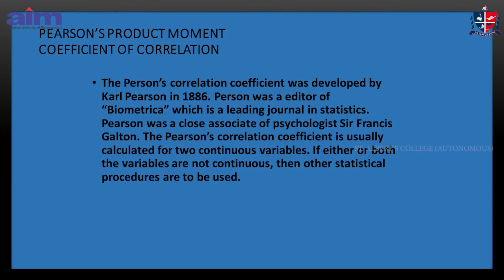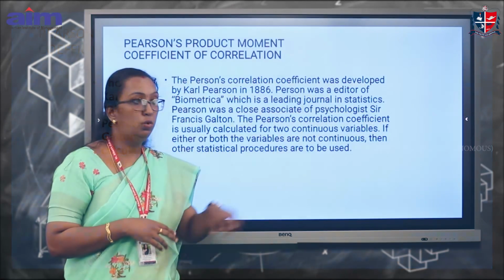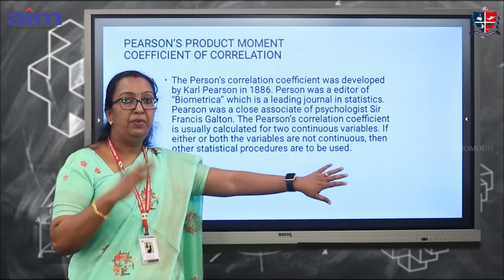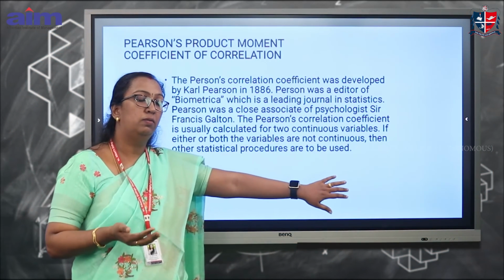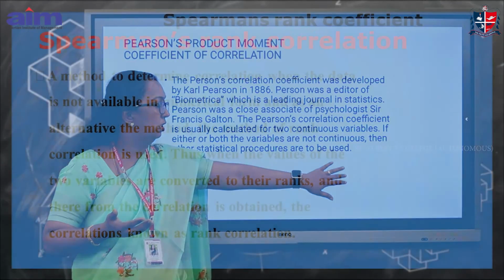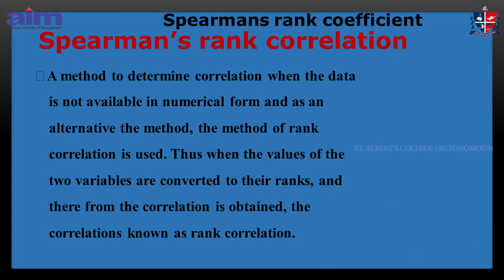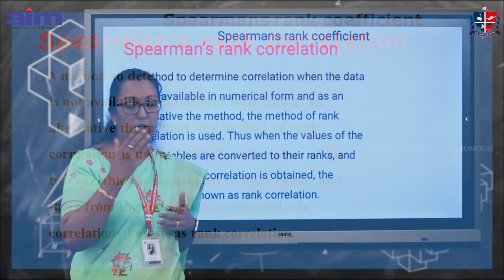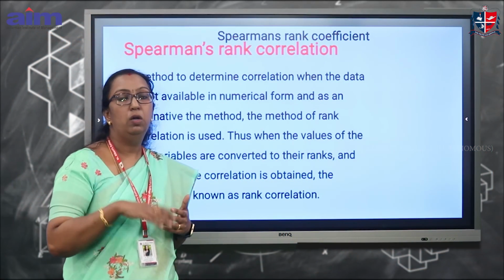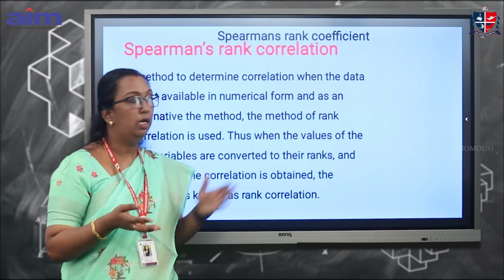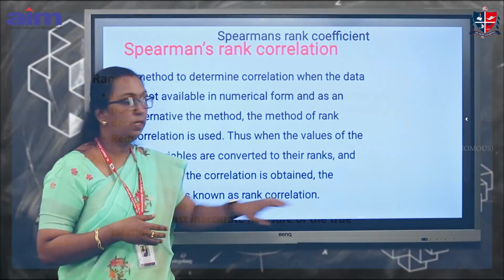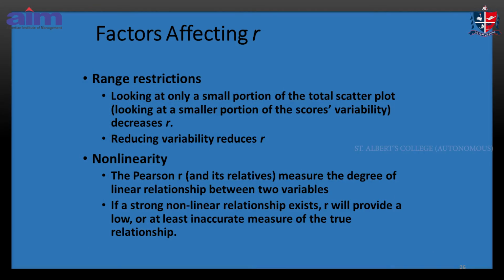Now, Pearson's is the most commonly used correlation method. Whenever you use correlation, you usually use Karl Pearson's coefficient of correlation. And as I told you earlier, when you have non-normal data or ordinal or rank data, then you have to go for Spearman's rank correlation method, right?